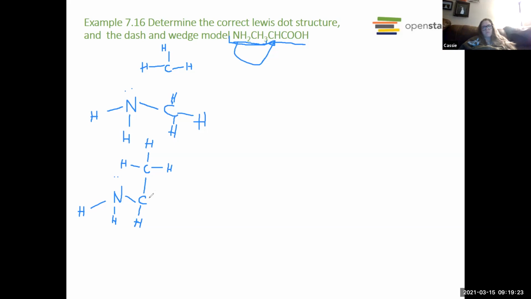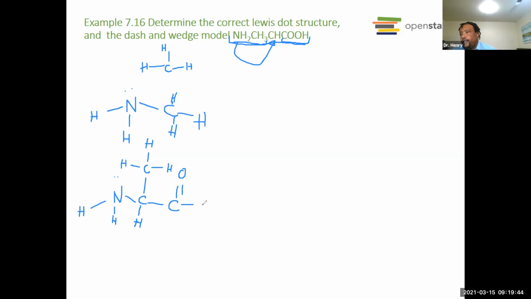Terminal is just another word for complete, or end, like a cap. And then it's attached to another carbon. And then one of these is going to be a double bond, and the other is going to be a single bond with a hydrogen coming off of it.